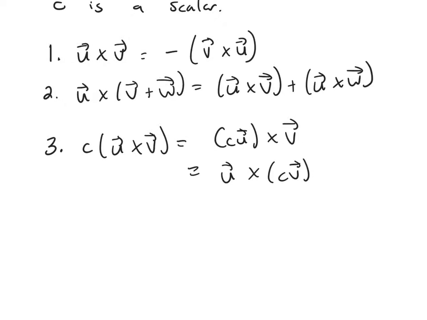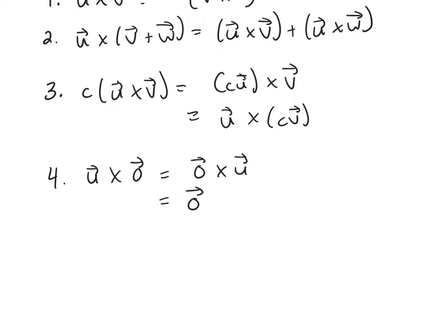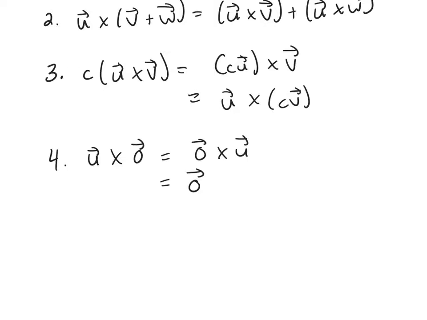If you take the cross product of a vector with the zero vector, you only get the zero vector, and it doesn't matter which order you take that cross product in, you always get the zero vector. If I take the cross product of a vector with itself, I get the zero vector, which we saw last time.